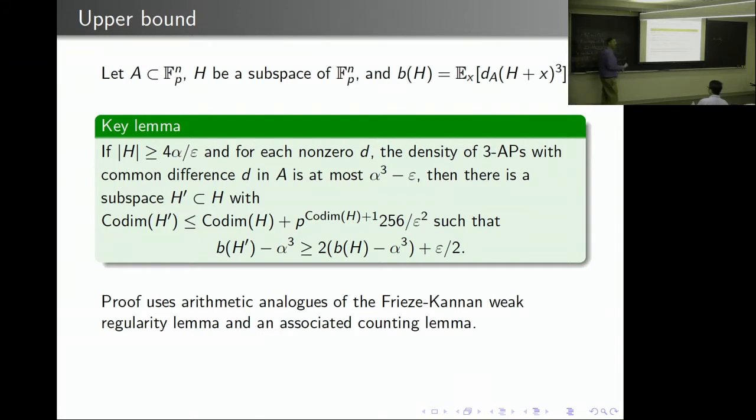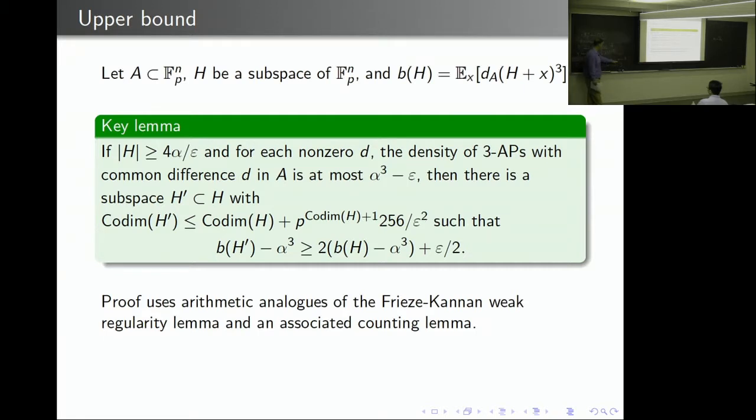How does this compare to Ben's regularity lemma? So this is a weak regularity lemma. It tells you globally what's happening in large subspaces, but doesn't tell you about what's happening in the affine translates of H. Ben's original arithmetic regularity lemma, and the work of Ben and Terry, have essentially this as well.